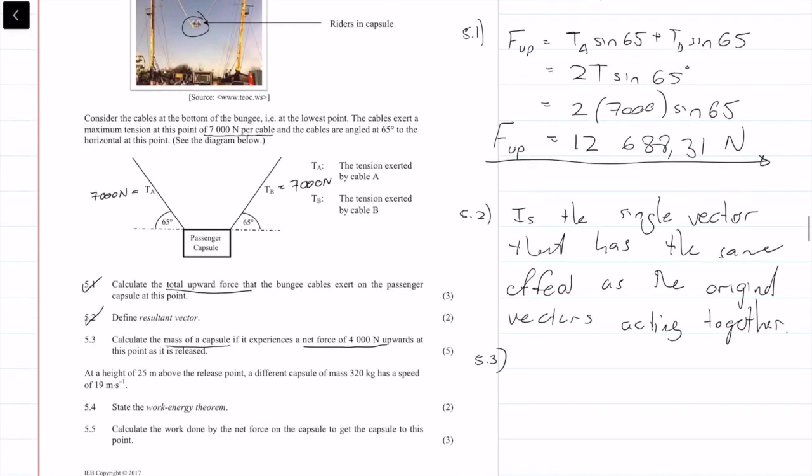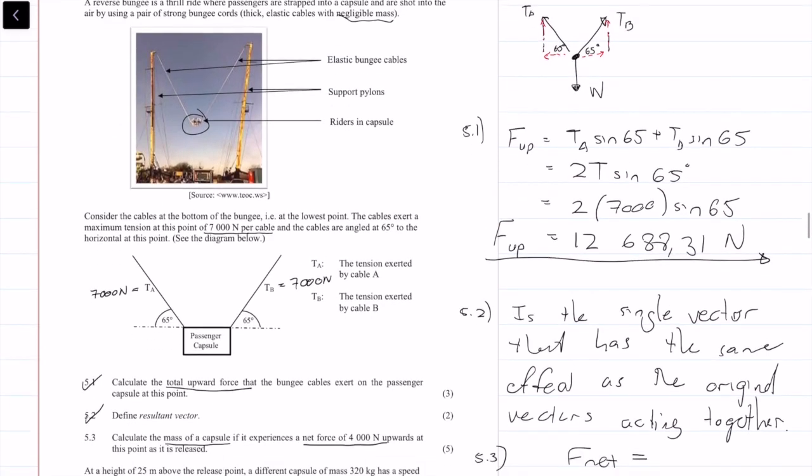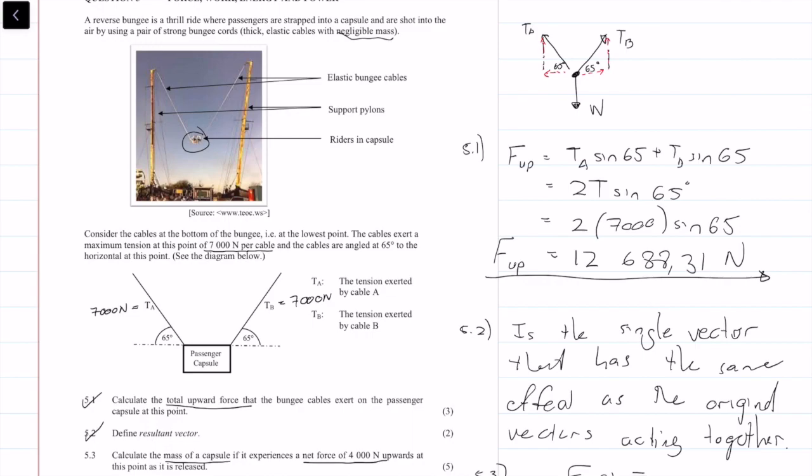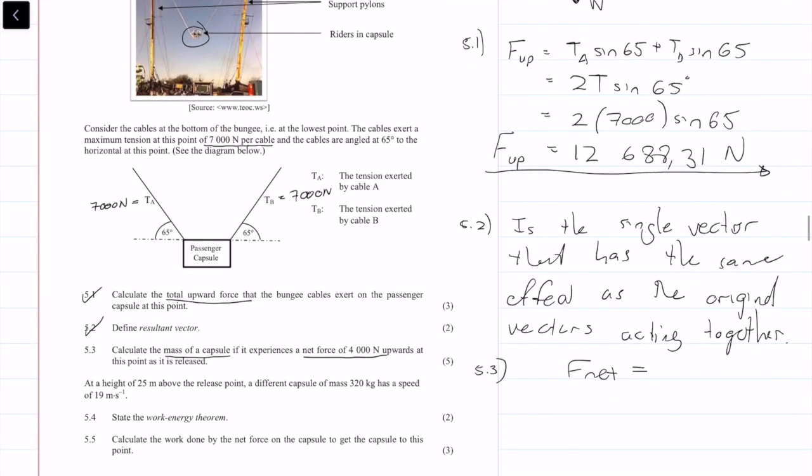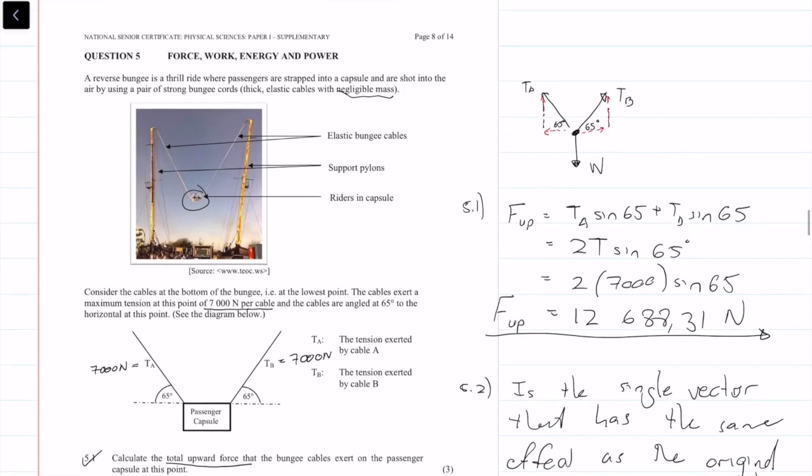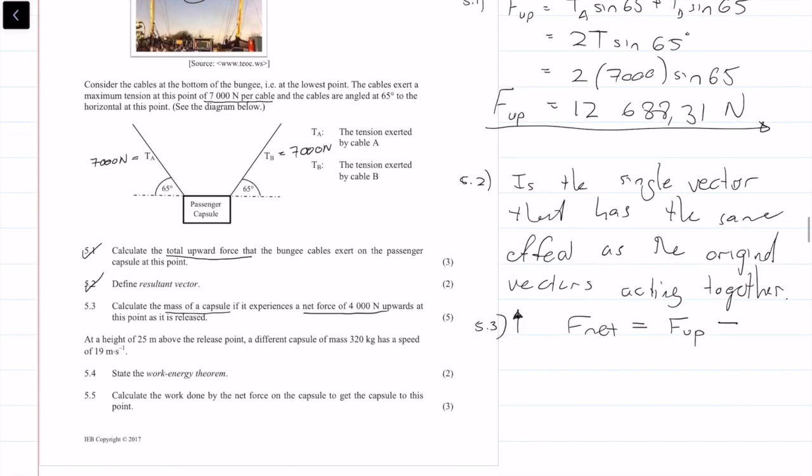We're going to say that F net is equal to, looking at this free body diagram, the force upwards minus the weight, and we're concerned with the vertical direction.